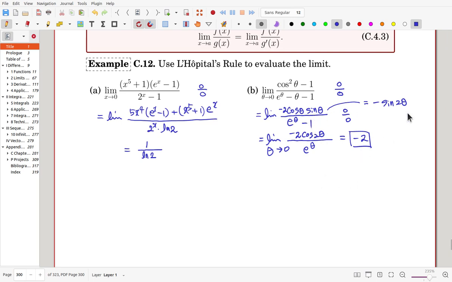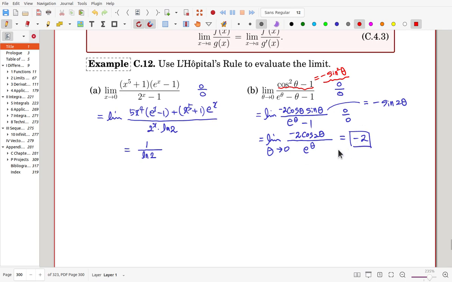Now we used some trigonometric formula for that, but you can do it using the product rule to make the derivative. And also here in the beginning, this numerator can be written as minus sine squared theta, so the derivative of that is the same as this numerator.